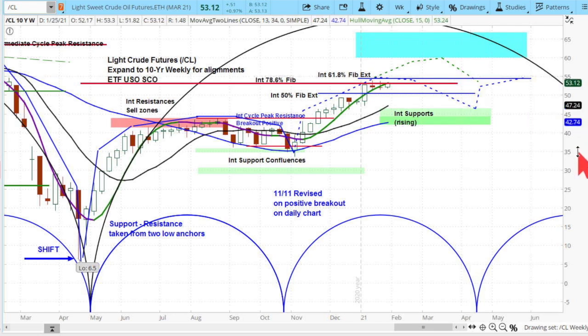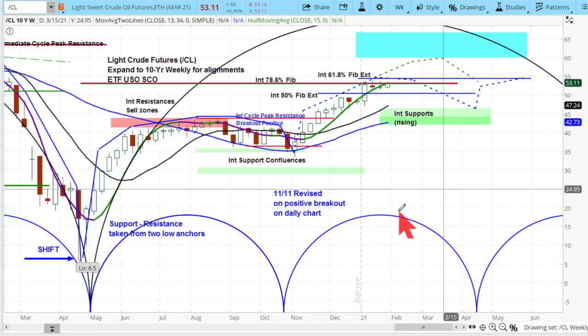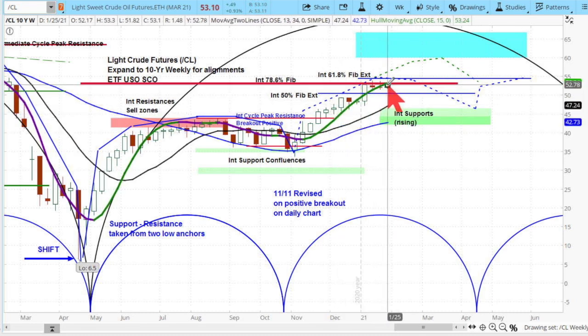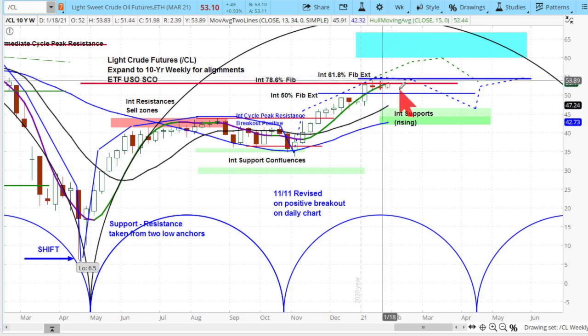We don't often do this, except when we do it in our complex cycle structures that you'll see on the daily chart in the stock indexes. So this is giving you a good sense for the cycle rhythm, with upward momentum strong in here, still some time to go up, but in an area of resistance. So very strong for all of the energies, all of them coming up near a resistance area.